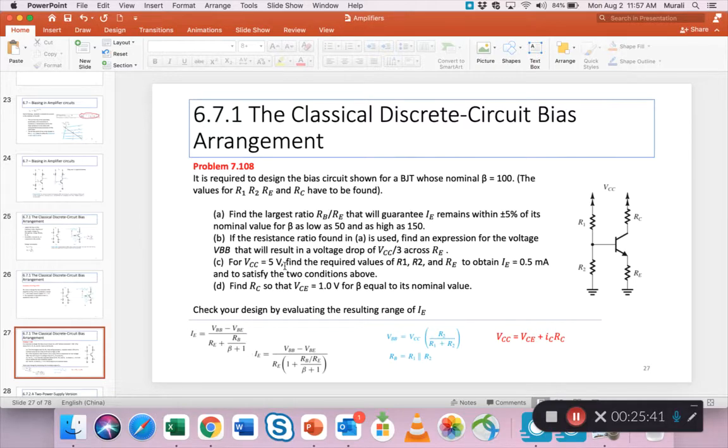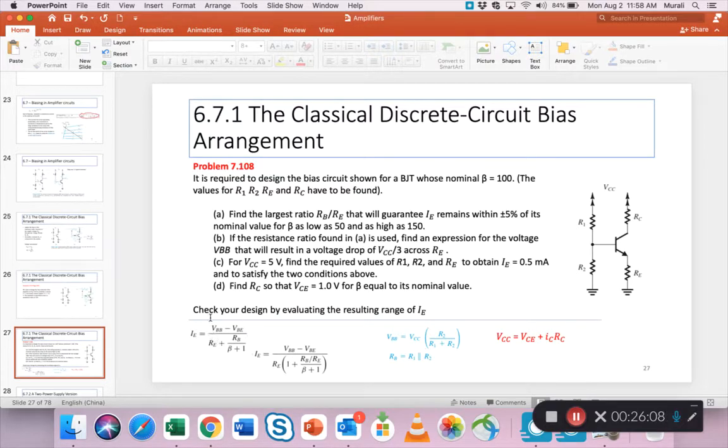For VCC equal to 5 volts, find the required values of R1, R2 and RB to obtain IE equals 0.5 milliamps and still satisfy these two conditions above. Find RC so that VC equals 1 volt for beta equal to its nominal value. So that's part A, B, C, D. Check your design by evaluating the resulting range of IE.